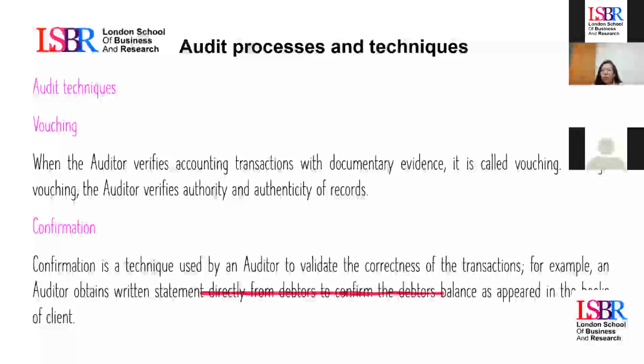We can use a confirmation letter to confirm, for example, bank accounts, or debtors or suppliers, or maybe we can send a letter to the lawyers of the company to know if the company has legal problems. So this is another technique to collect evidence.